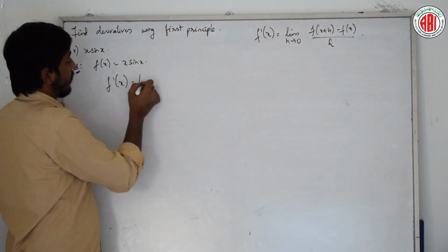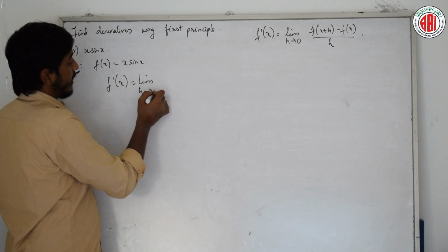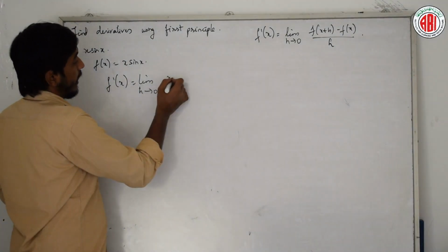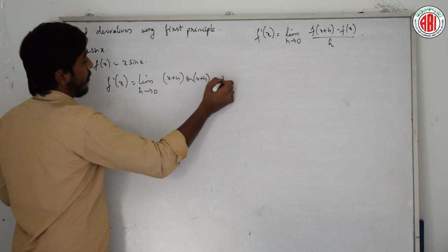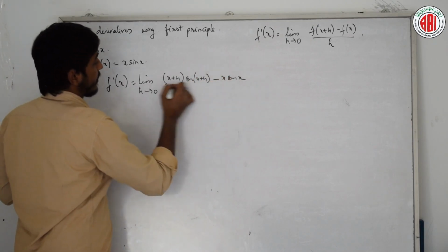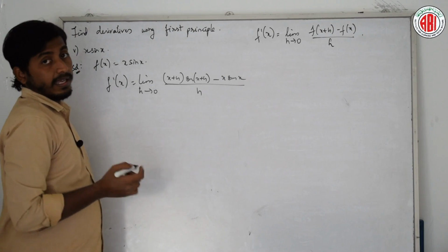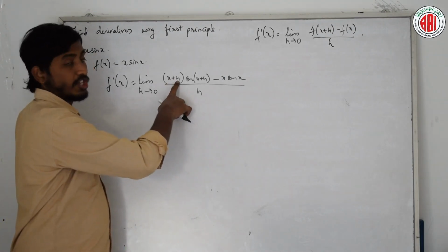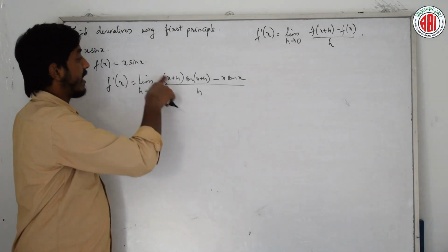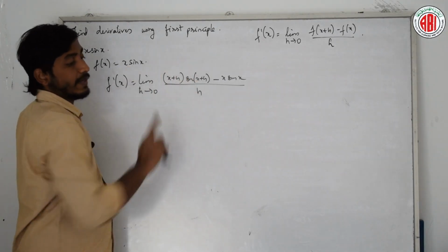What is it that we have to find? F dash x is equal to limit h tends to 0 of (x plus h) sin of (x plus h) minus x sin x. Isn't it? Anything extra I have written? No, right? Here x plus h. Okay, instead of x I have to write it as x plus h. Here also x plus h.